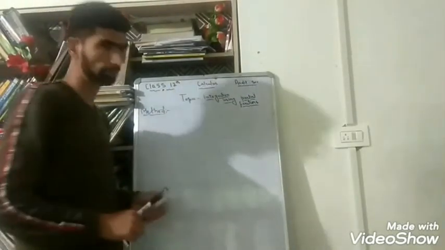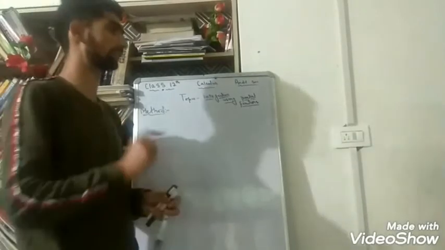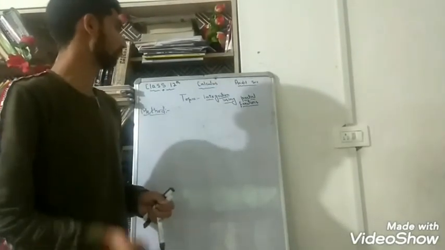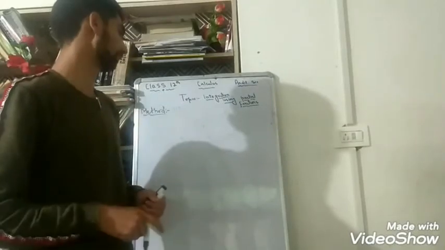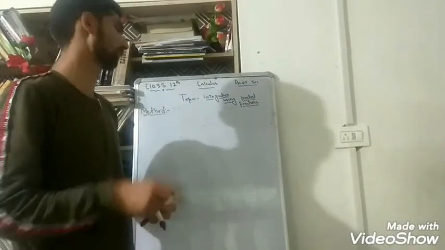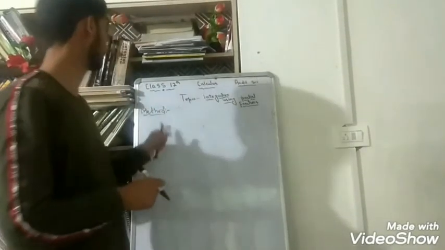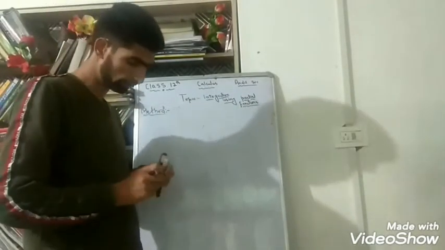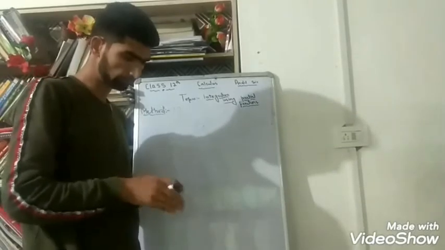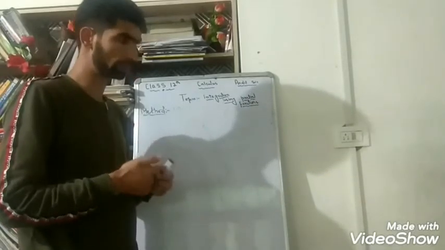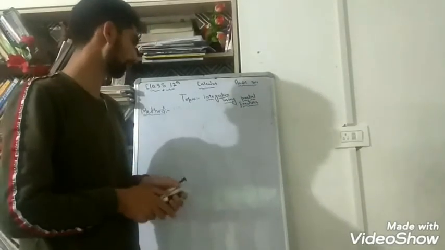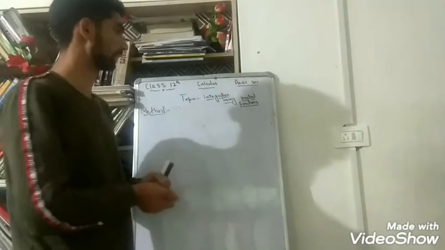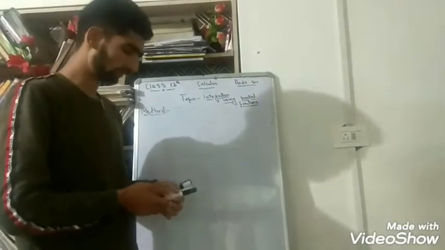But if you have an improper fraction, you have to convert it as a sum of some function and a proper fraction, and after that you can apply this method. So the method is based on the proper fraction: we have to express the proper fraction as a sum of partial fractions.